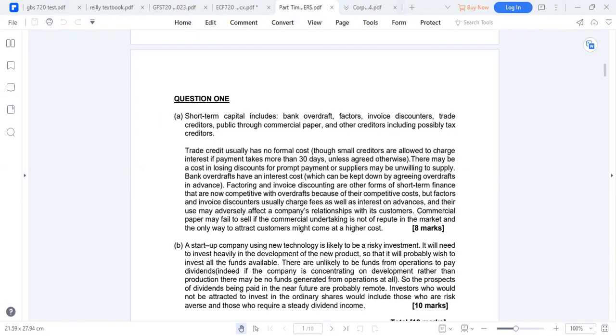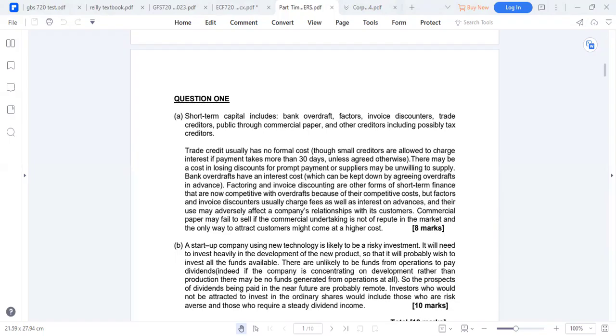So as a result, the company that we are talking about in the question requires huge funds. Furthermore, it's in its early stages of development. So most likely the funds will not be paid back within a short period of time. So in fact, the company's primary focus will be on developing the product rather than generating funds from it.